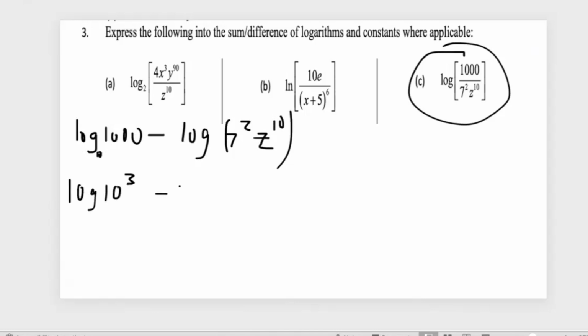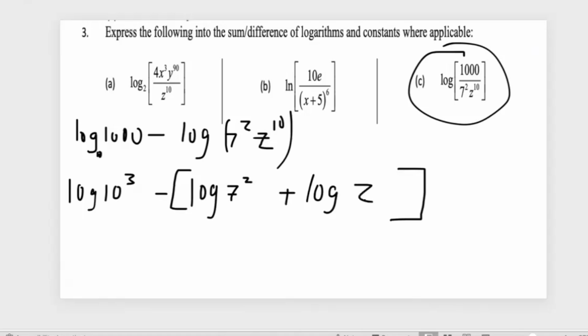While for the next portion, we have this being multiplied, so we can rewrite it like addition. But this subtraction sign is going to affect everything that falls behind. So I'm going to have log 7 squared plus log z to the 10.